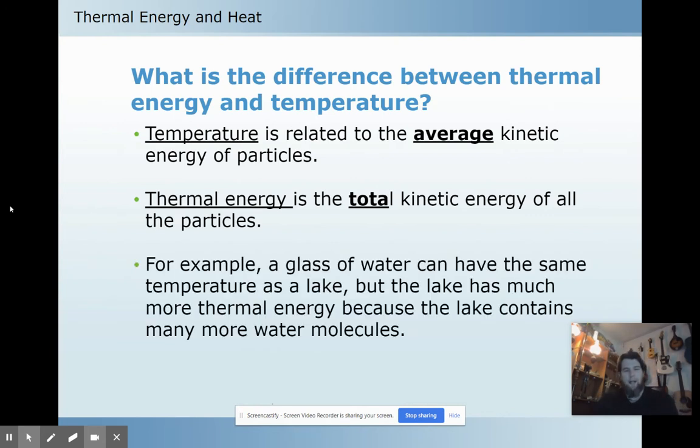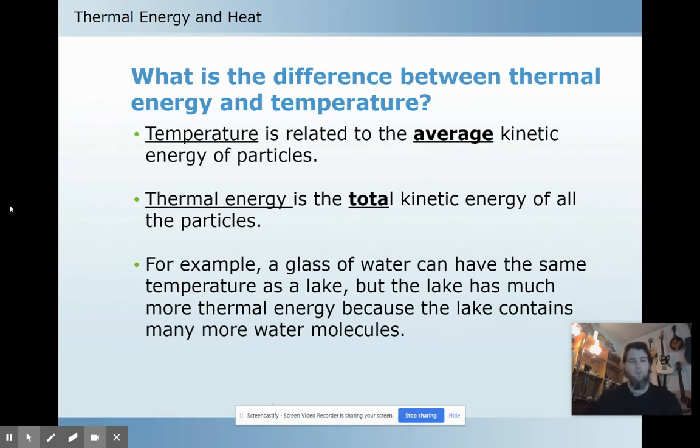For example, a glass of water can have the same temperature as a lake. Say both of them are relatively chilly at 55 degrees. They can have the same temperature, but that lake has much more thermal energy because it contains way more water molecules than the glass of water. So the total kinetic energy of all the particles is what we have to take into account there.